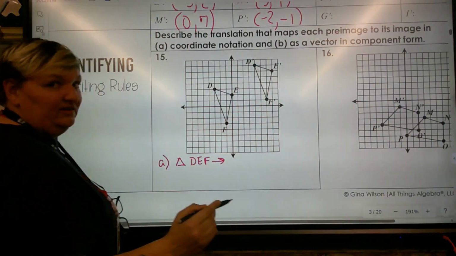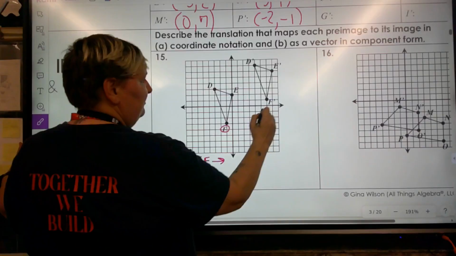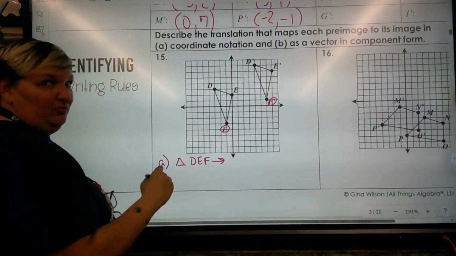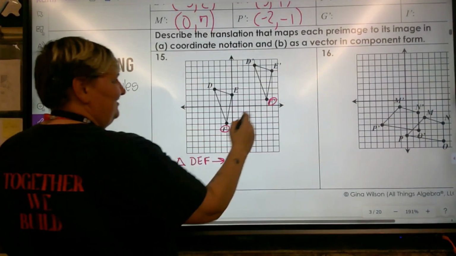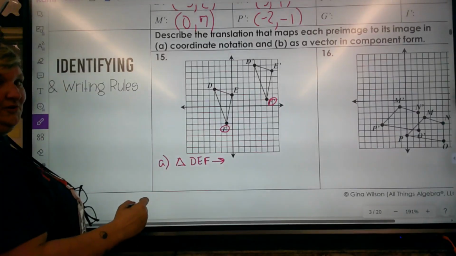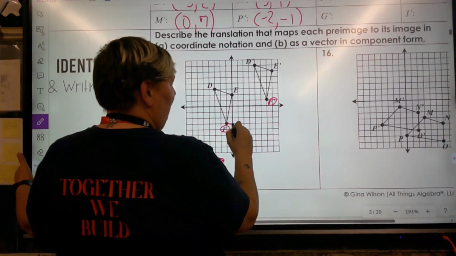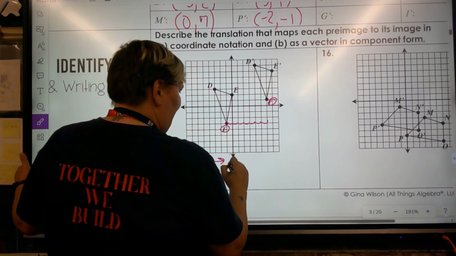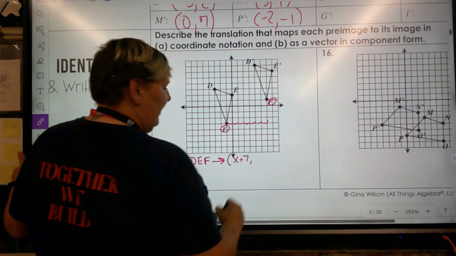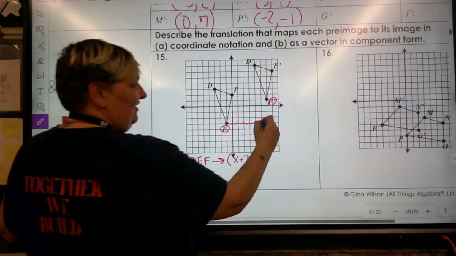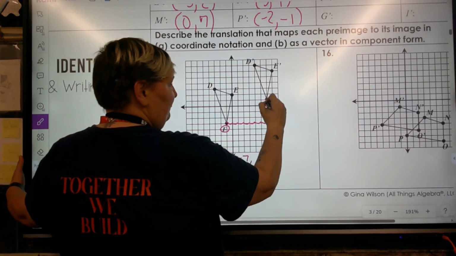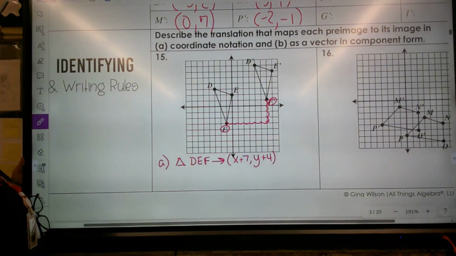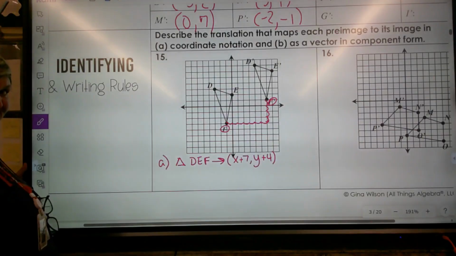You just pick a letter. It doesn't matter which letter. Let's do F. How did I get from here to here? This is my initial point. This is my end point, my terminal point. I went 1, 2, 3, 4, 5, 6, 7. So I added 7 to my X. And 1, 2, 3, 4, I added 4 to my Y. So that's what it looks like in coordinate notation.